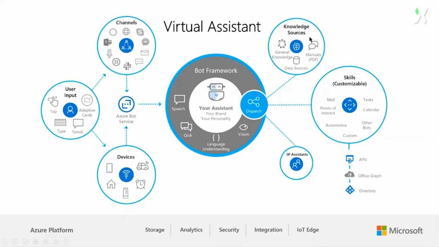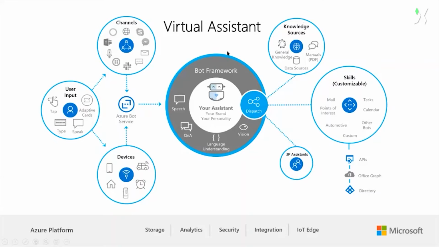And this is all of the connection between your bot and the external knowledge sources, skills, and even third-party assistants. So you can connect your bot to Cortana, you can connect it to Alexa, whatever third-party assistant you need to connect it with.